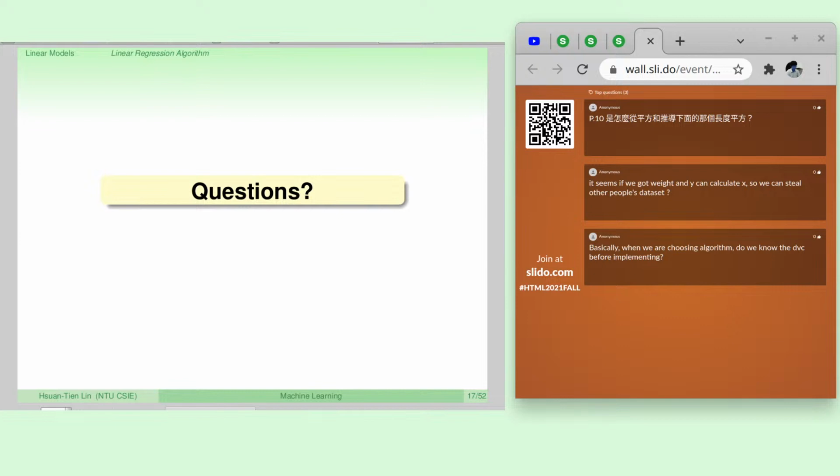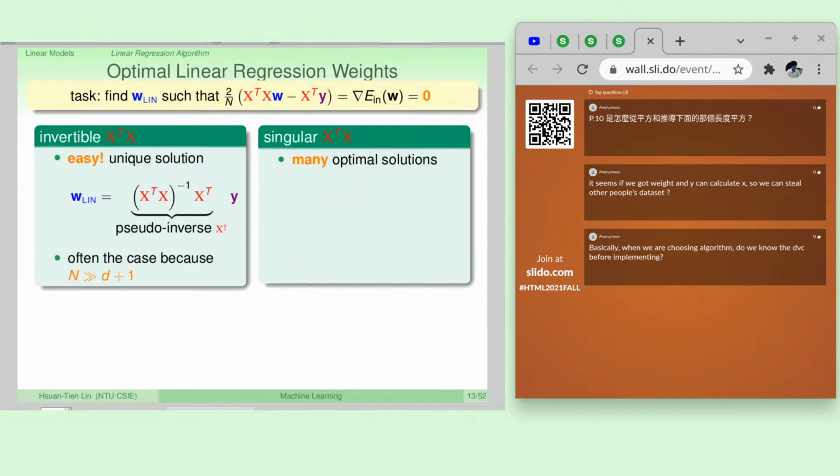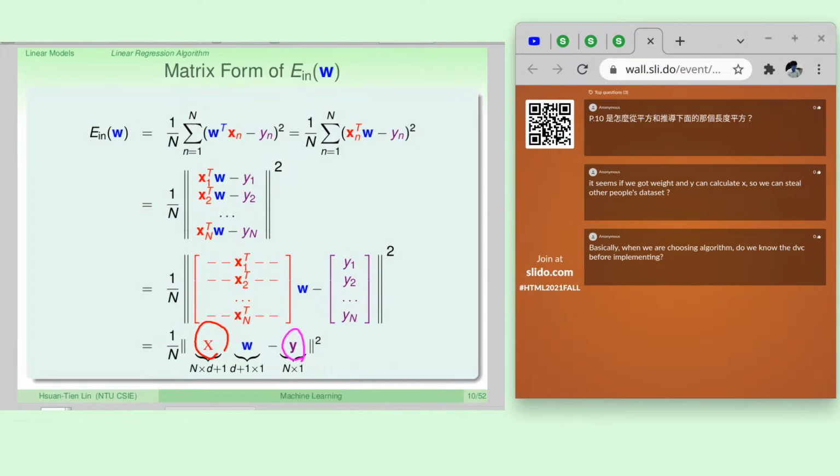Page 10. How do we derive the length square from the square summation? Let's see, page 10. Basically in page 10, we say that every component of the vector, component 1, component 2, up to component n, is just the one we put in this dimension.